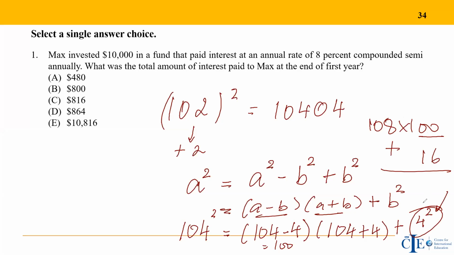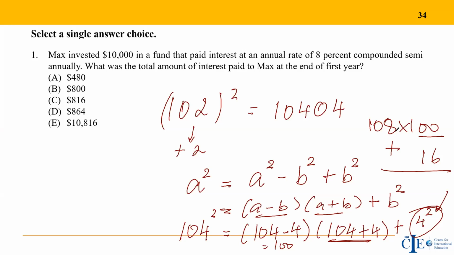So the last two digits will always be the same as this one. That's why you can identify the last two places very quickly, because you want one of the brackets to be equal to 100, and hence this will give you the last two digits as 0. So that's why we write only the last two digits, and everything else is carried forward. Then the other bracket we add 104 plus 4. That's the reason why you're adding it back.